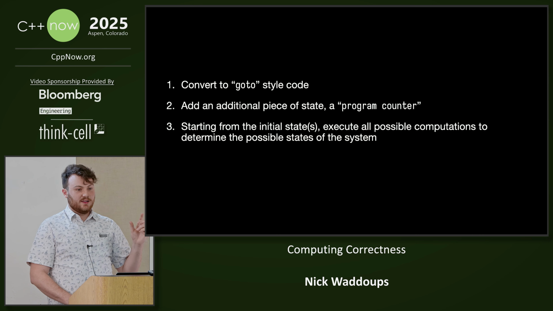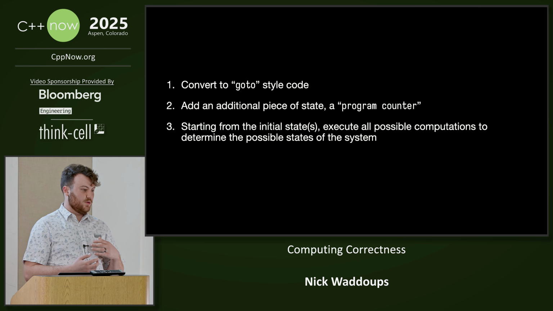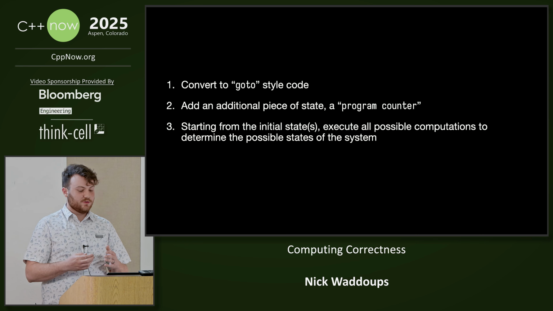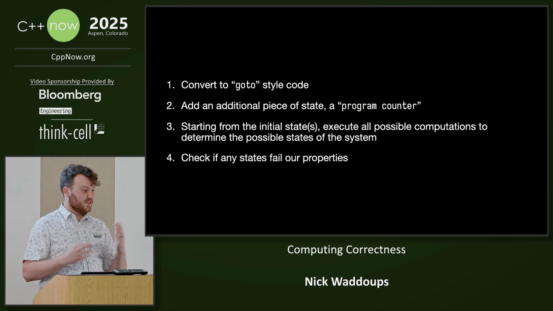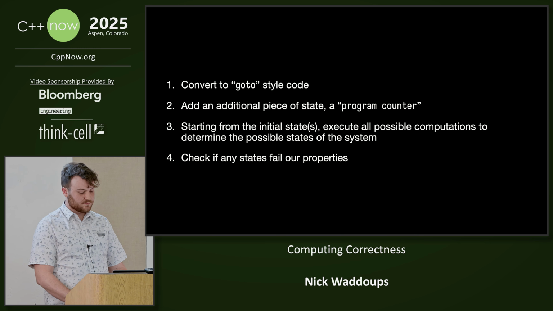Then, starting from the initial states that we can determine from our code, we're going to execute all possible computations, and that will determine the state space of the system, which we'll talk about a little bit more in a minute. Then we'll just check if there are any states that fail our properties. If they do, then our program is not correct. And if there are none, we've explored all possible states, so our program must be correct.